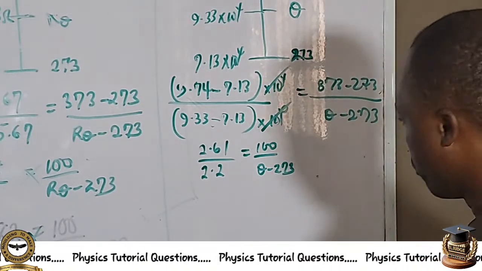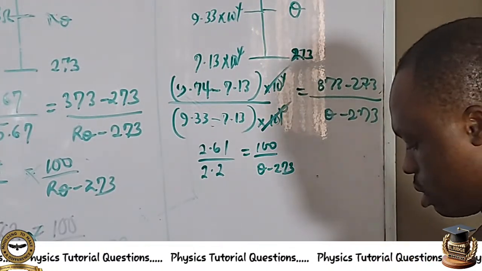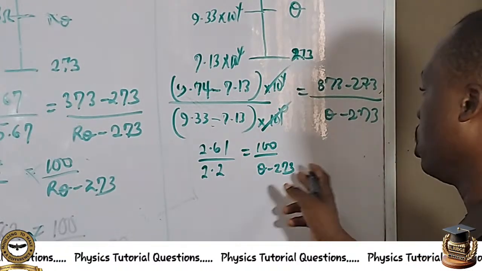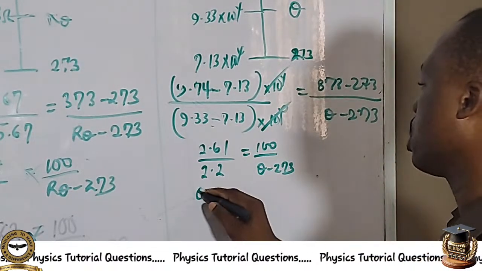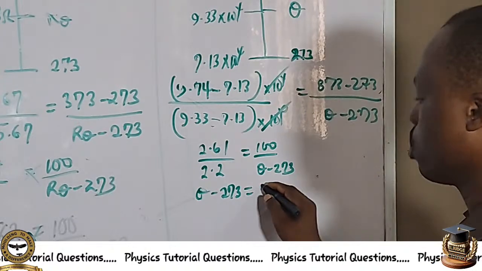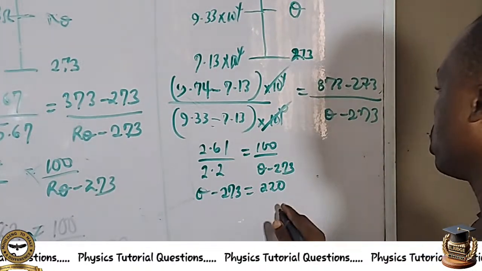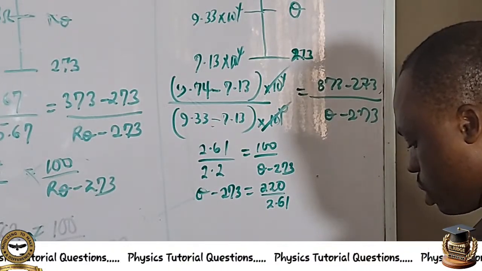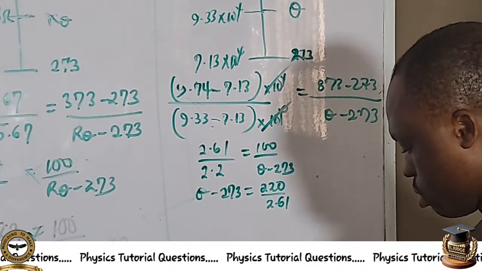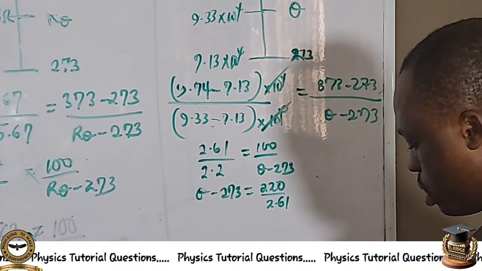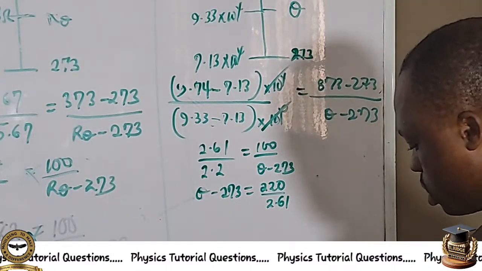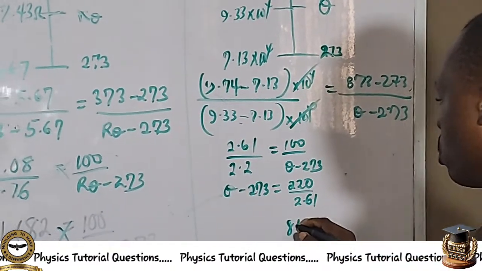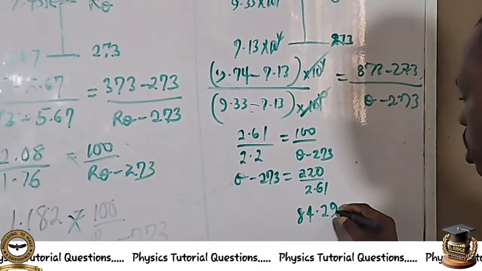So if we cross multiply this, 2.2 times 100 gives us 220. So we can say theta minus 273 equals 220 divided by 2.61, and that gives us 84.29.